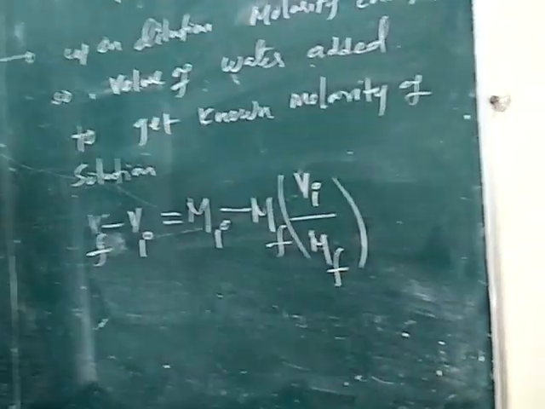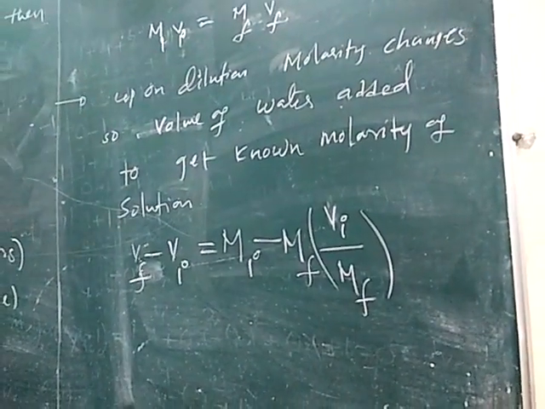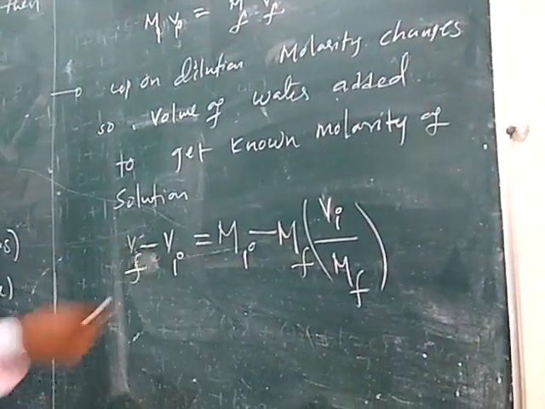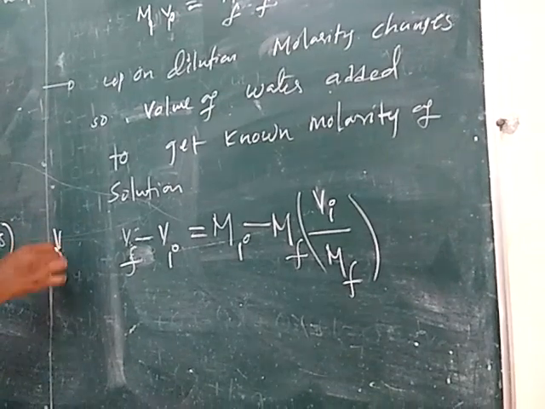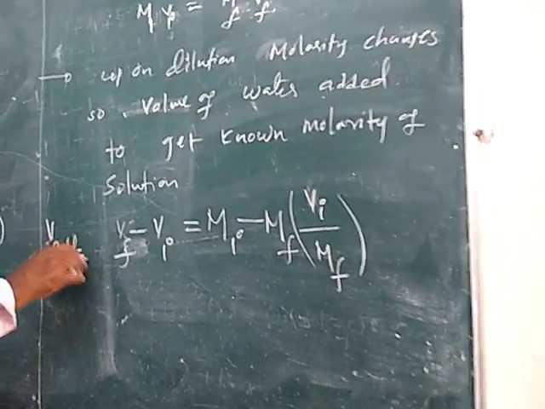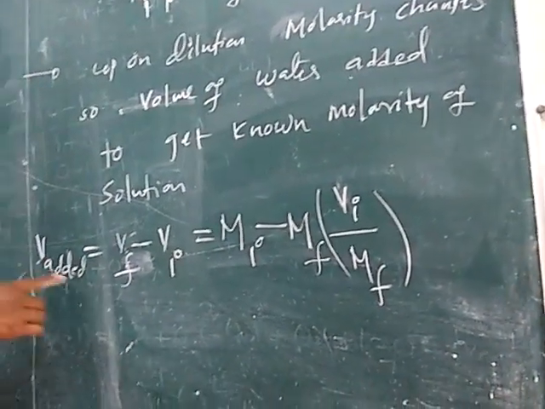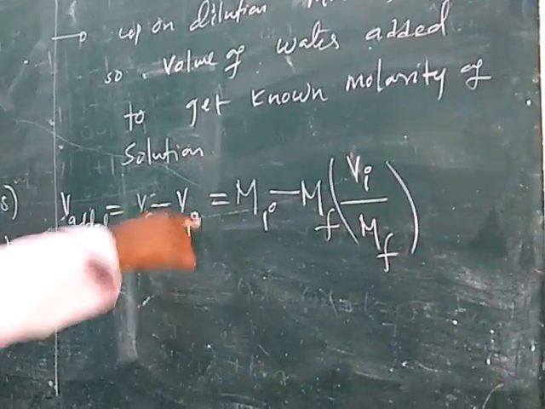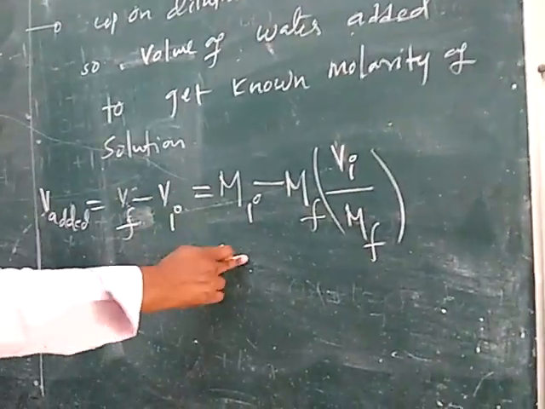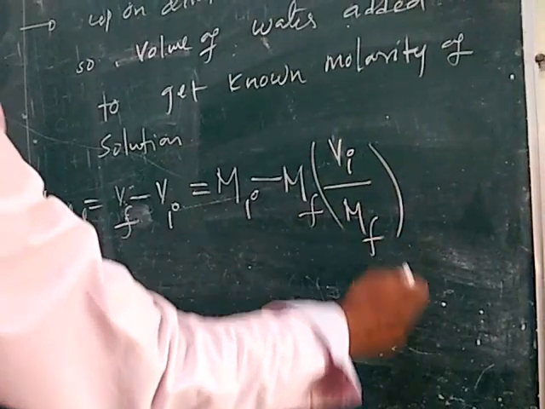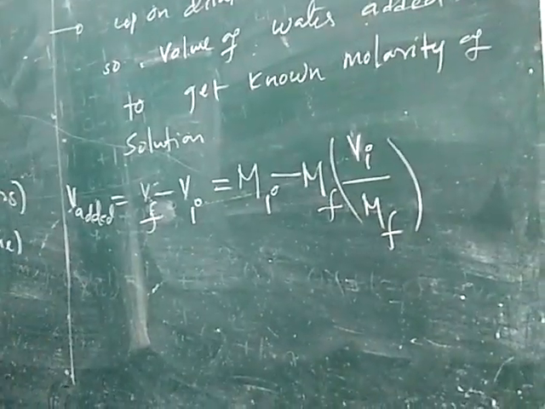So volume of water added equals volume final minus volume initial equals (molarity initial minus molarity final) into volume initial by molarity final.